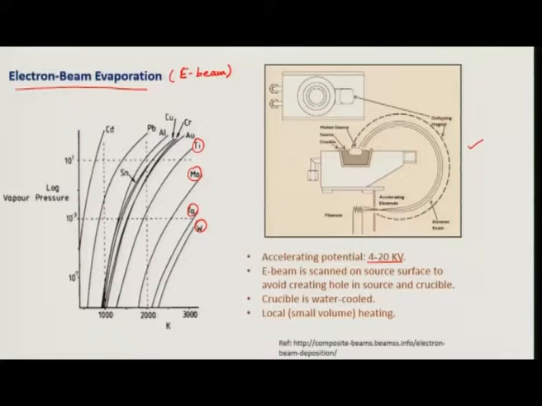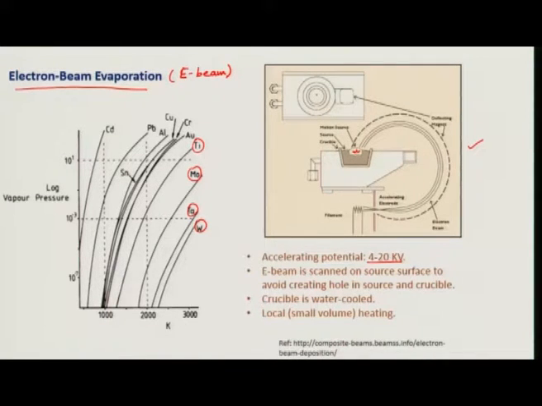So you can use a deflecting magnet to guide them towards the top of your source. This is your source part and this is your magnet part which guides the electron beam on top of your source, and this is water cooled, so that your crucible and the rest of the material remains cold. So you are only heating a very small area of the material.